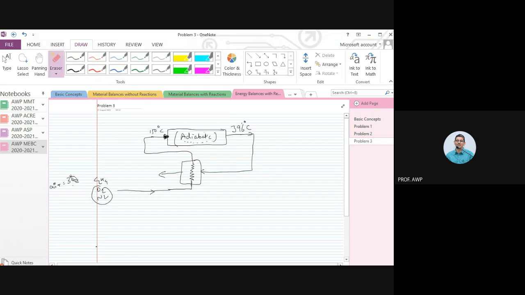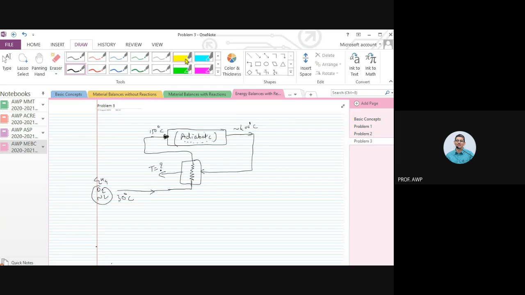If this is, let's say, 30 degrees centigrade, can you tell me what this outlet temperature would be? Then we'll talk about it. Obviously now the reactor material energy balance you don't have to do, it's already done for you. It is 396 or 398, whatever you want, it doesn't make any difference. If you want to take 400, you take 400.